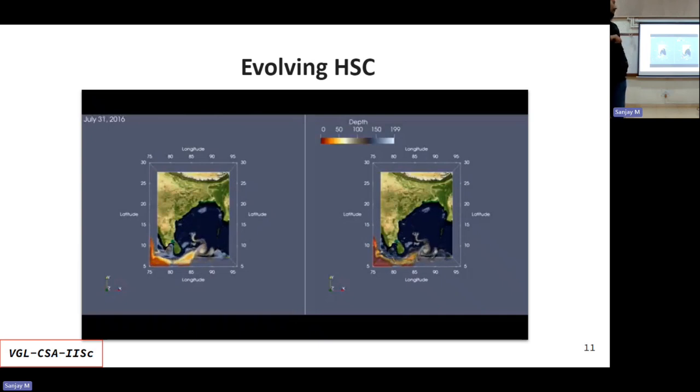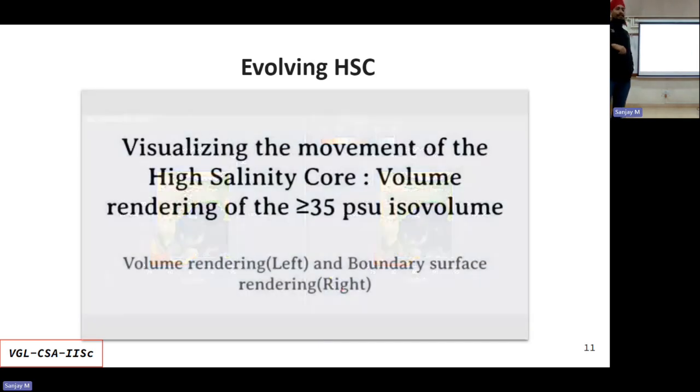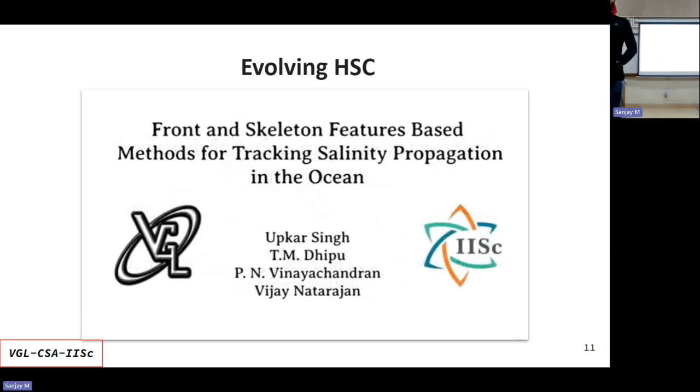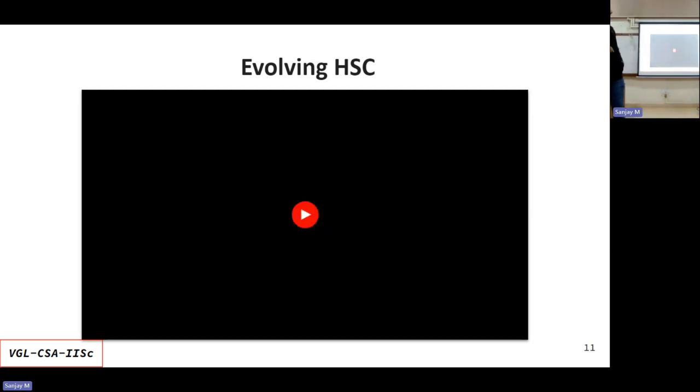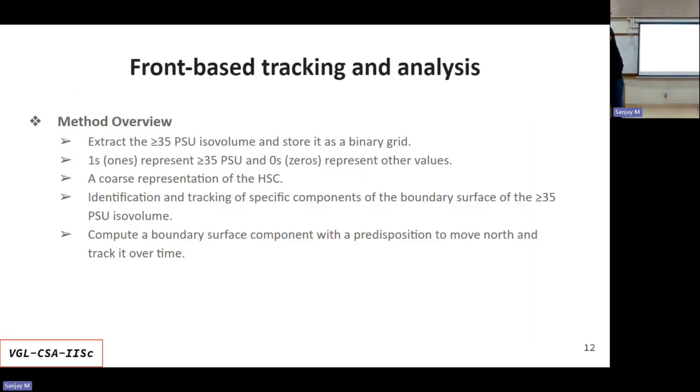So we can just focus on the boundary which is moving up towards north, and that will be enough to see how this high salinity core moves. So we call this boundary surface of the high salinity core, which is facing north, a front. Okay, so it's basically the front of the high salinity core, and we call our method the front-based tracking method.